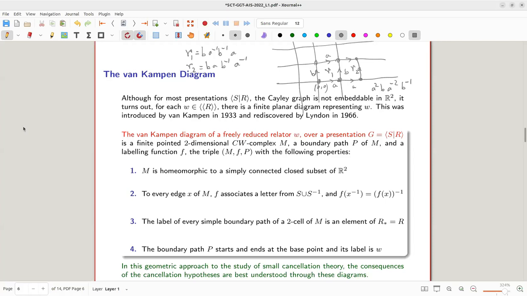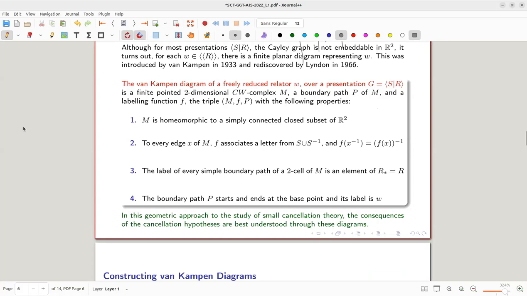This is a phenomenon that can be stated in much more generality. This is something devised by Van Kampen in the early 20th century, and then Lyndon rediscovered it, possibly unaware of Van Kampen's result, much later.